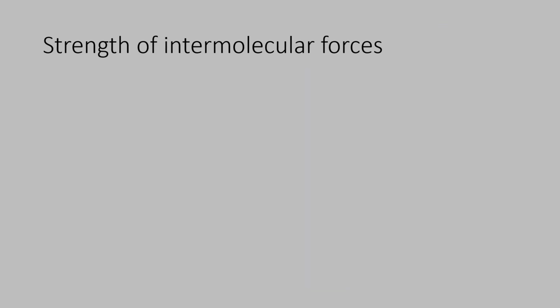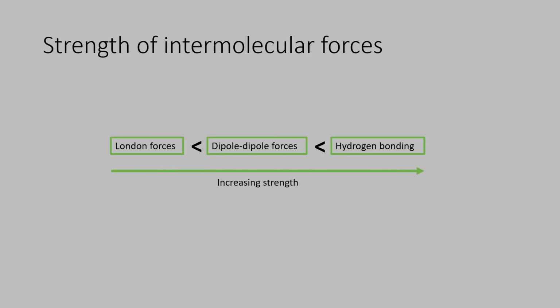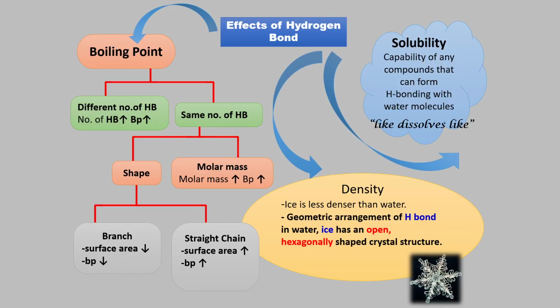Okay, so this is the forces kita pasal tadi, sama je. Okay, and this is the effect of hydrogen bonding, and kita akan cerita pasal why water is less dense than ice.